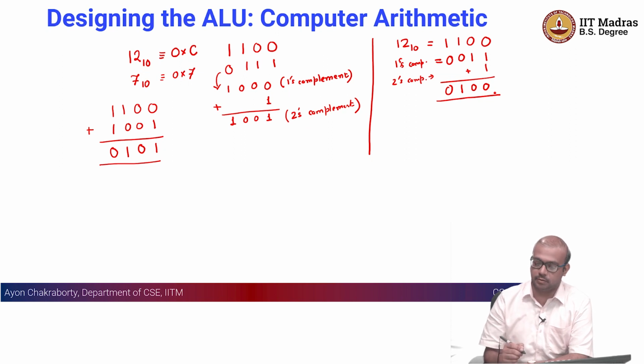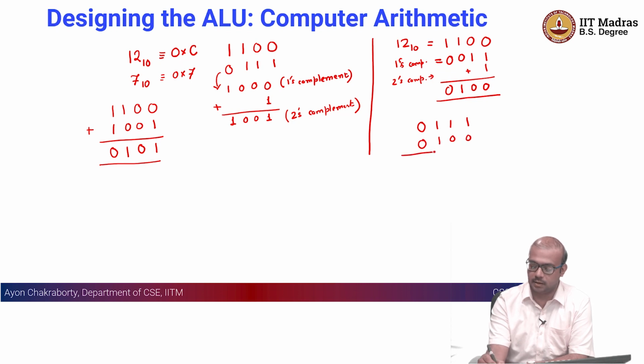So, the 7 is now expressed as plus 7. So, this is like 1 1 1. So, we will take 0 1 1 1, and then we are going to take this as 0 1 0 0. So, what is the answer here?